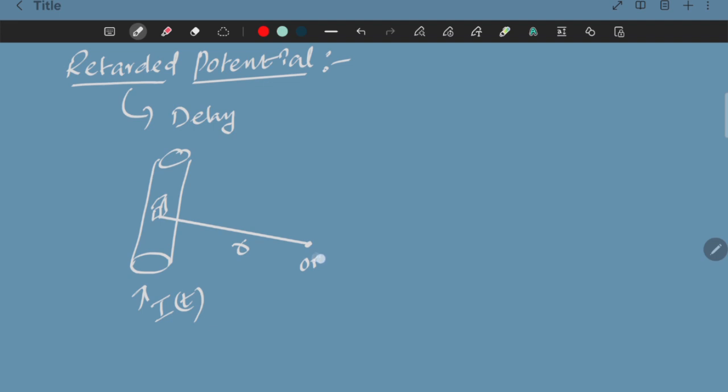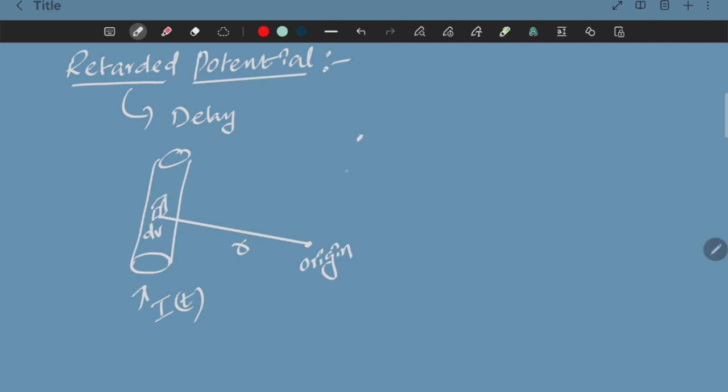So we assume this is origin. From this origin, the source point is available at the distance of r. And because of this current flow in the conductor, you will get the fields in the space. And you are observing the field at this particular point.